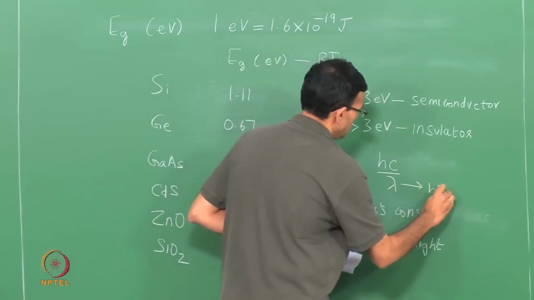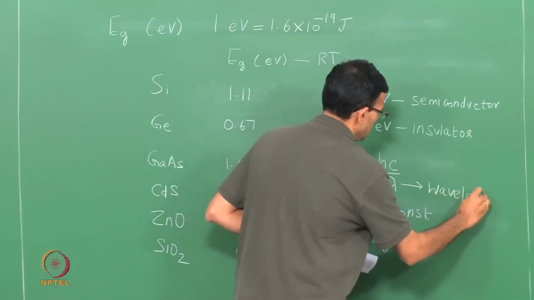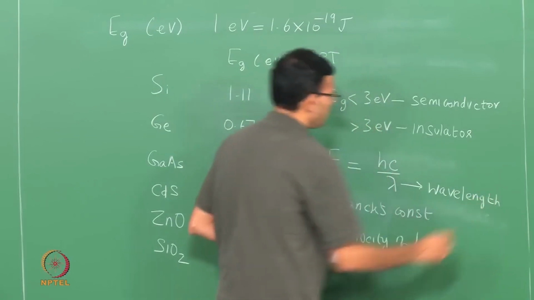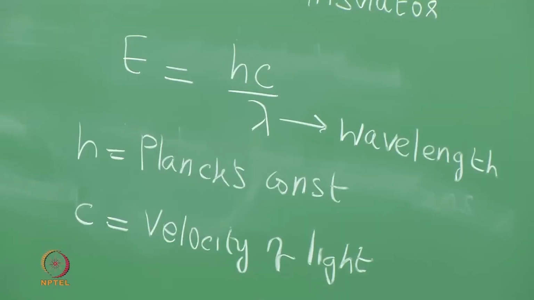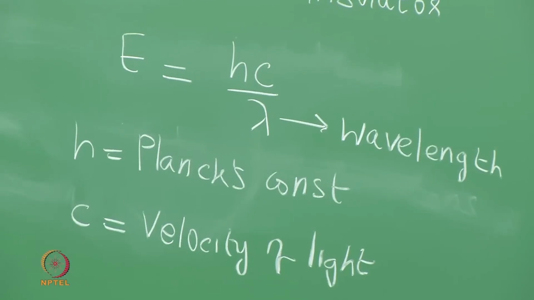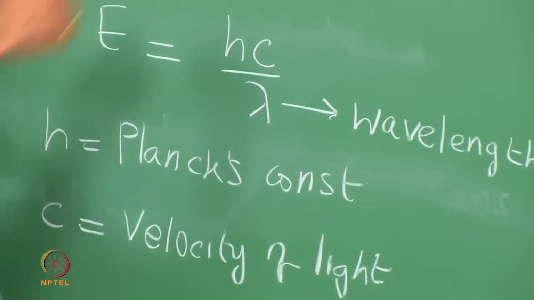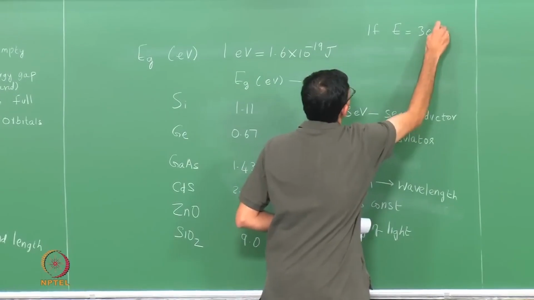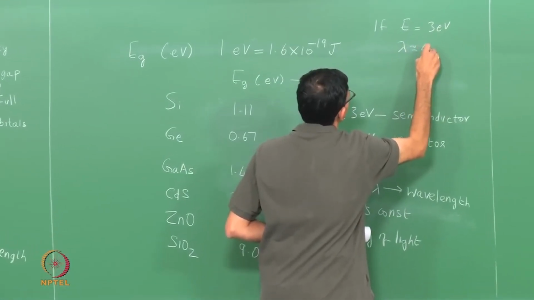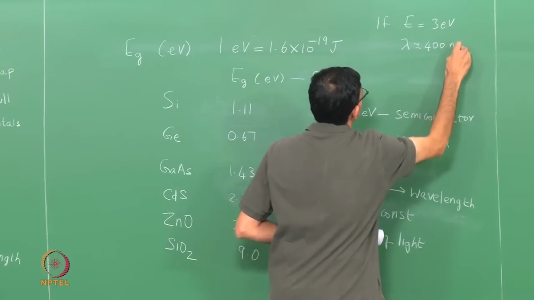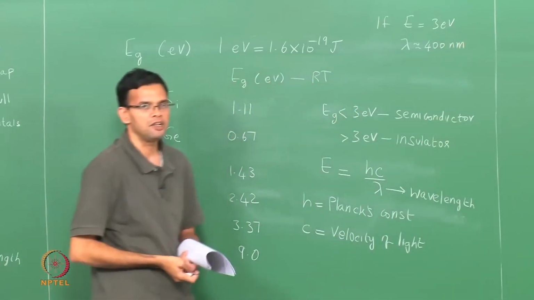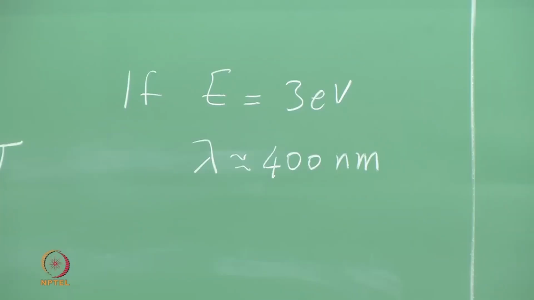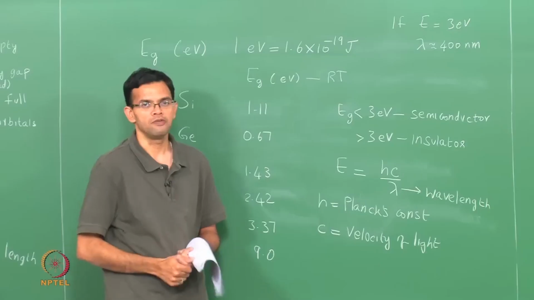So, I will write it here. If you use this, if your energy is 3 electron volts, then lambda is approximately 400 nanometers. So, any energy greater than 3 electron volts puts you in the ultraviolet region, energy less than 3 electron volts puts you in the visible region.